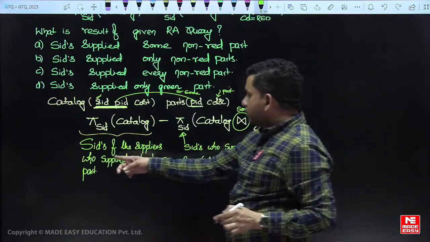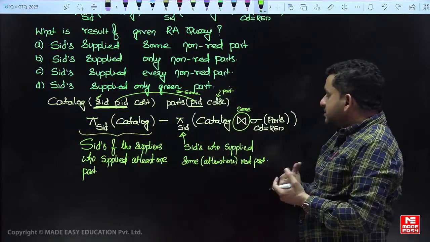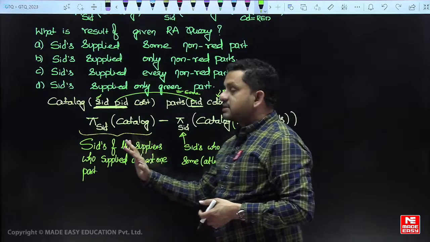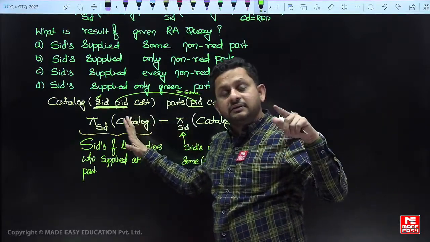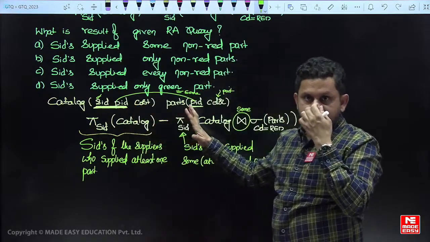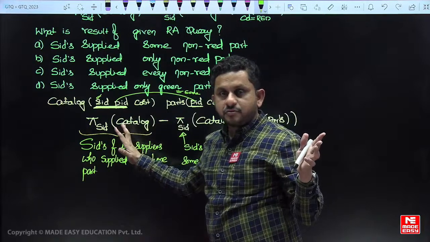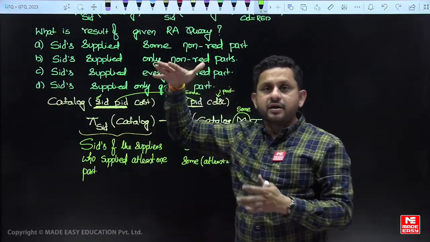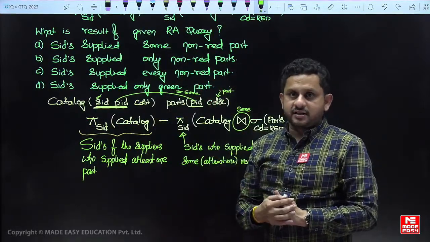See, from the set of suppliers who supplied some part, we are removing the suppliers who supplied at least one red part. The remaining suppliers are the suppliers who supplied non-red parts. It need not be all the non-red parts. For example, suppose 5 red parts and 5 non-red parts exist.